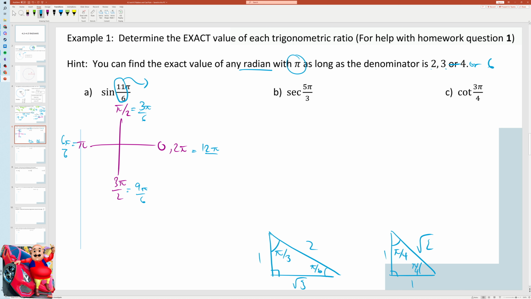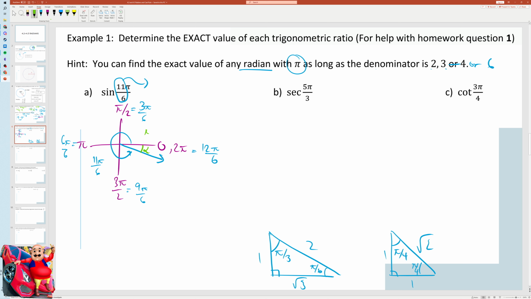Let's put down that terminal arm. Okay, there we go. This angle out here is 11 pi over 6, giving us that little angle in there, that related acute angle, our little alpha, is going to be, well, 11 pi over 6 was the outer angle. Well, to make a complete circle is 12 pi over 6.